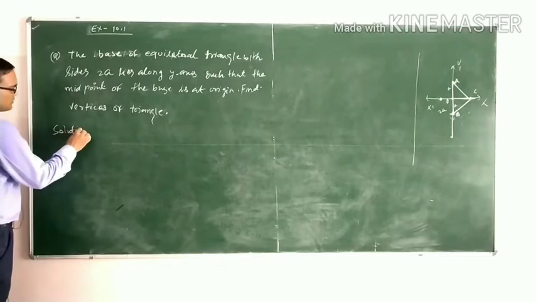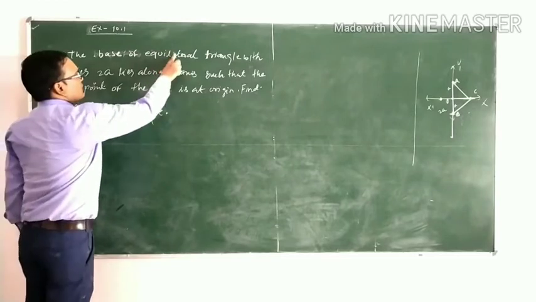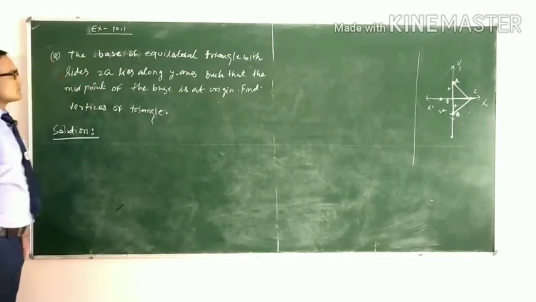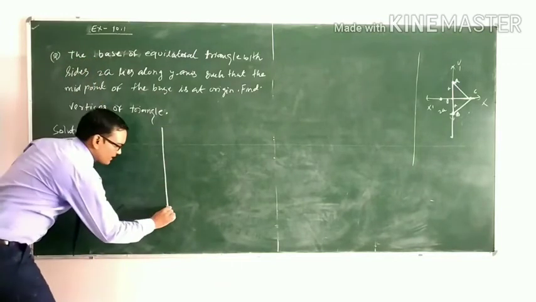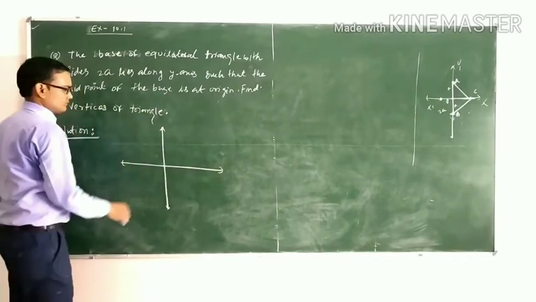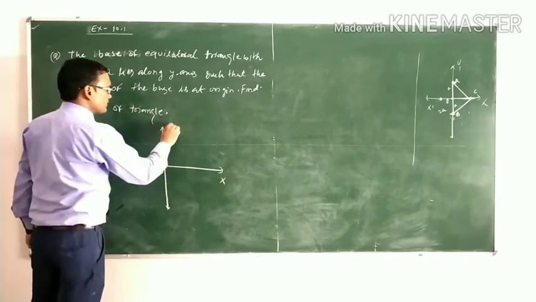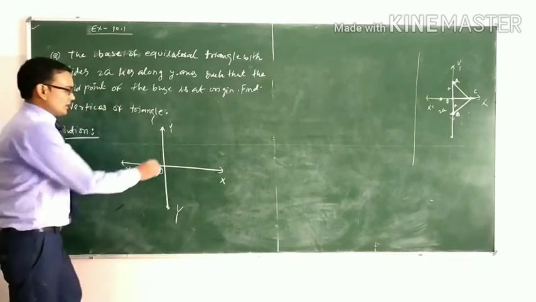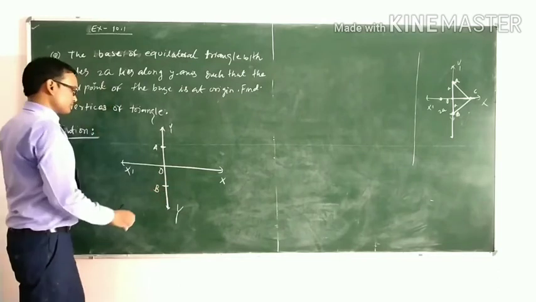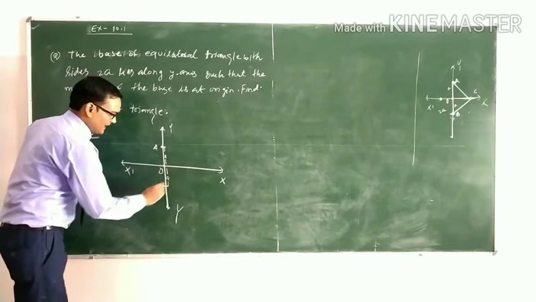Solution. In a Cartesian plane, here point A, here point B, and this is a and OB is a.